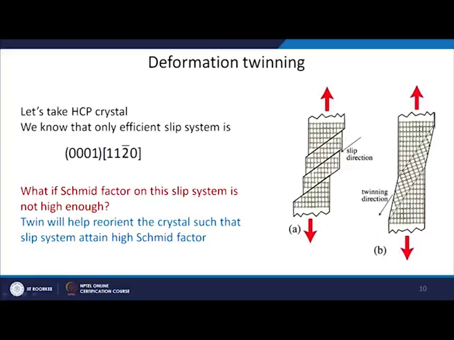Now, the problem is, let us take an example of an HCP crystal. We know that the efficient slip system, or the close-packed condition which we have, is satisfied by this slip system. What if this particular slip system is not oriented such that it is going to give you the maximum Schmidt factor? You are applying stress, you are deforming the single crystal.